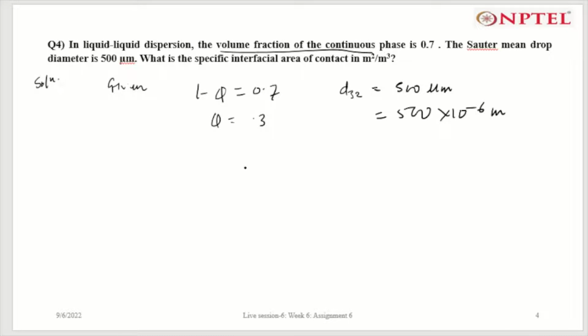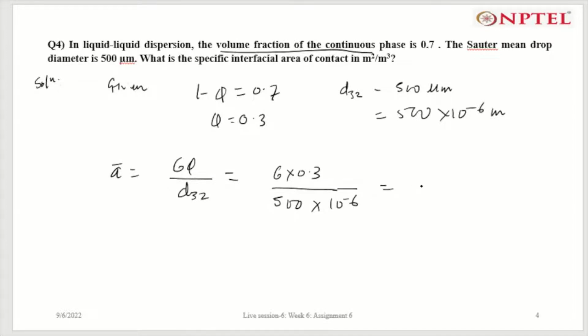Now to calculate the specific interfacial area, use this equation, a = 6 phi / d. All of you got this answer.